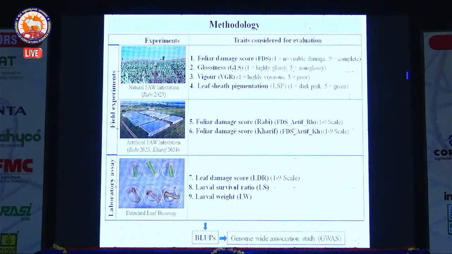And to account for the antibiosis mechanism, we have also conducted a detached leaf bioassay for the same panel of 242 minicore collection. We took leaf samples and kept them in agar medium, and infested them with 10 neonate larvae, and after 5 days we took observations for the leaf damage score, the number of larvae survived, and the weight of the surviving larvae. From this we have taken BLUP values, and we took them further for the genome-wide association study.